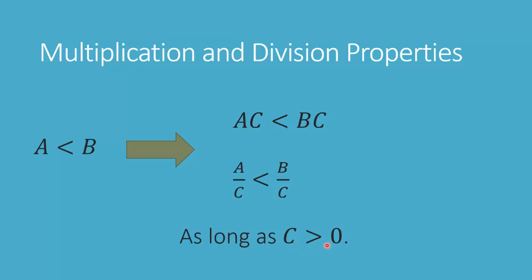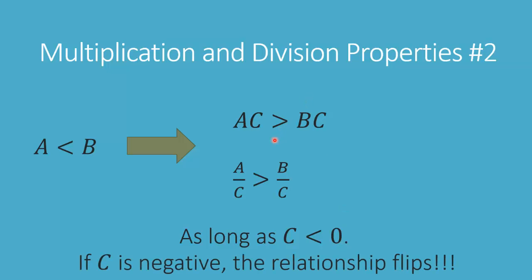In this case, we're saying greater than, which unfortunately means that if c is less than 0, it changes it. When c is less than 0, it flips. So if you multiply or divide by a negative number, the relationship flips. It goes from a less than to a greater than.